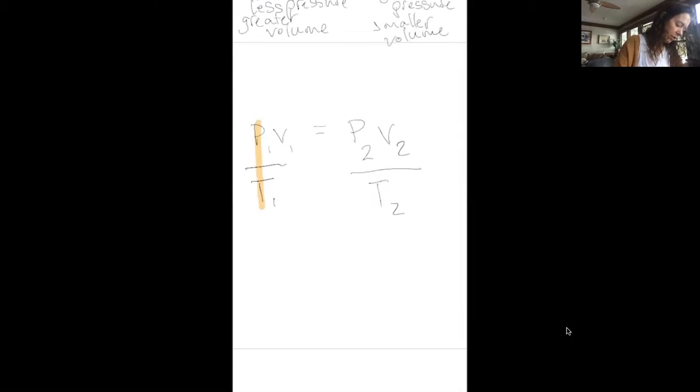The other way to look at this is like this. If the temperature is not changing, so temperature is not a factor, then P and V are always on top, right?